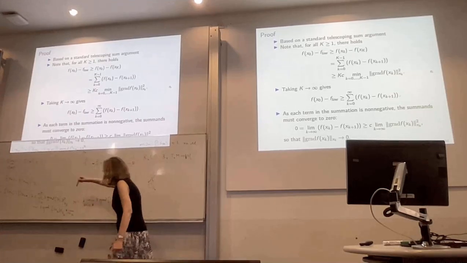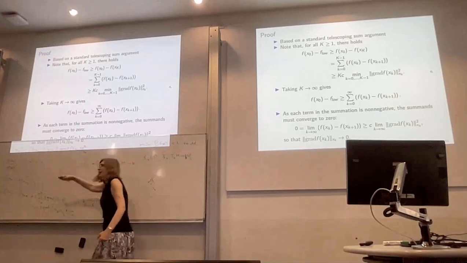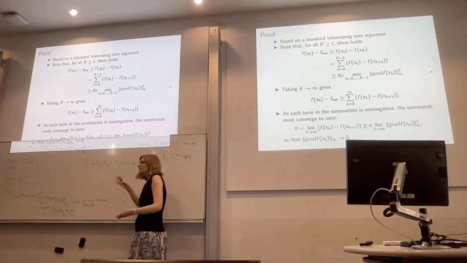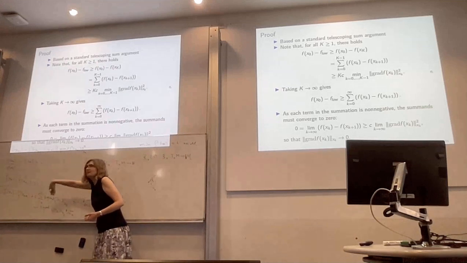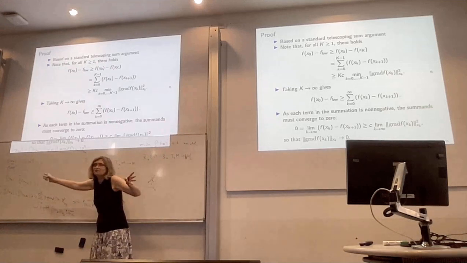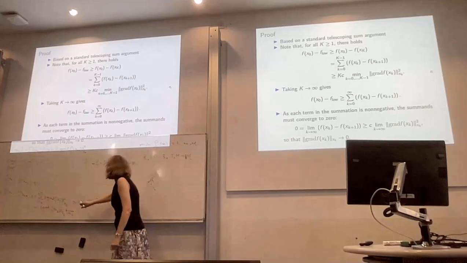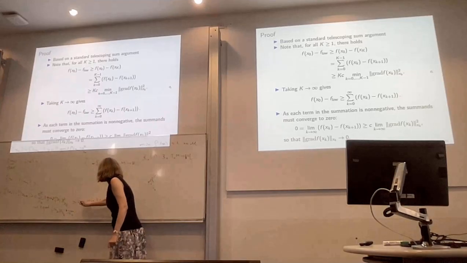Every term in this sum, I minorize it by the smallest value of the same thing in that sum. Trivial. But that means that I immediately have a k here.